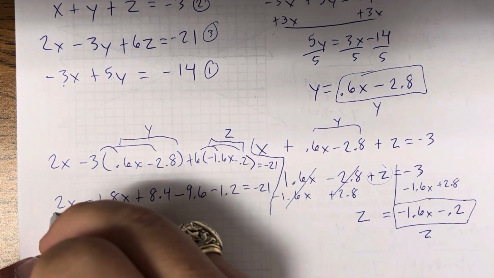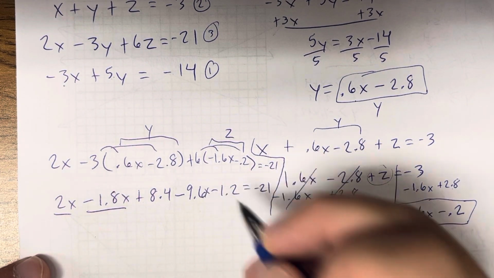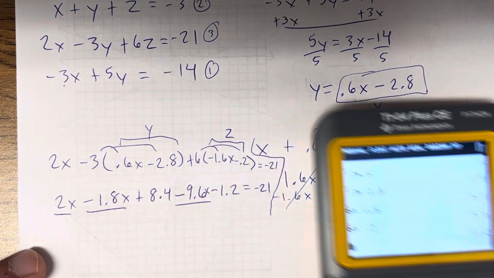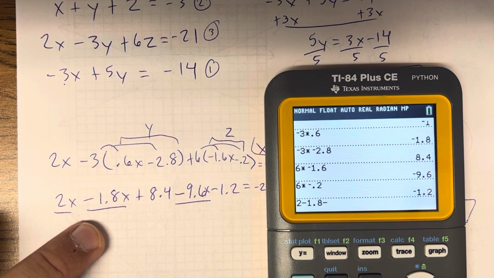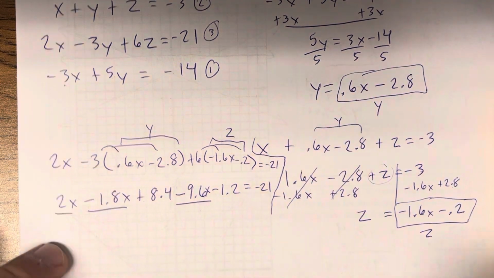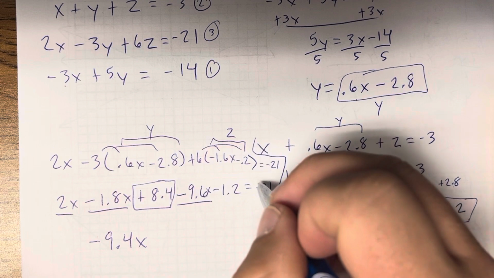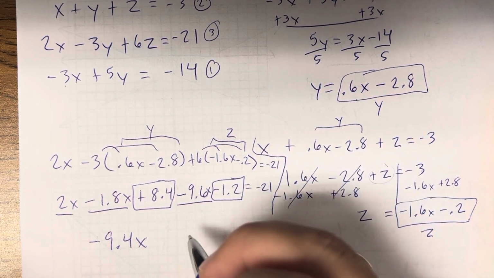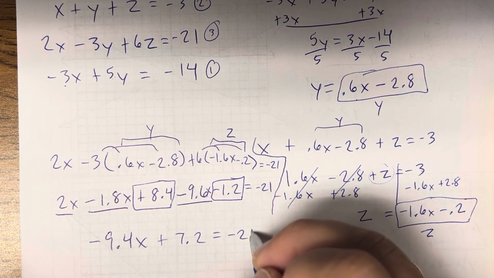So now I'll combine like terms. So 2x, negative 1.8x, I forgot my x right here, and negative 9.6x. And so we're going to have 2 minus 1.8 minus 9.6 will get me negative 9.4x. And then we'll combine 8.4 and negative 1.2, which will be 7.2 is equal to negative 21.